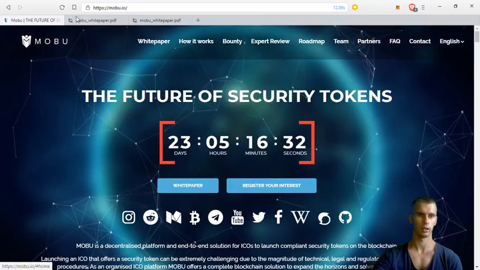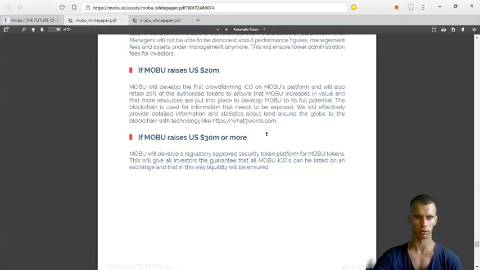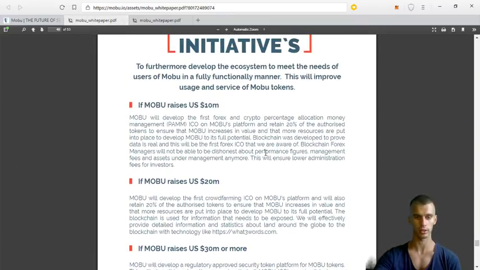And there's one more thing about how much money they want to raise. Their soft cap is 1 million and their hard cap is 35 million. So I'm guessing they will be able to raise at least their soft cap because it's very low, and I think the project has potential, and I think this one is a much better ICO than their first one.